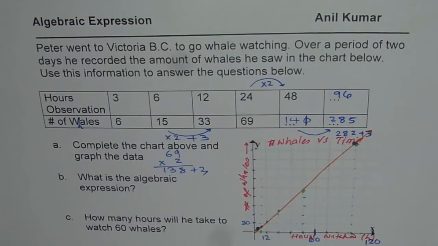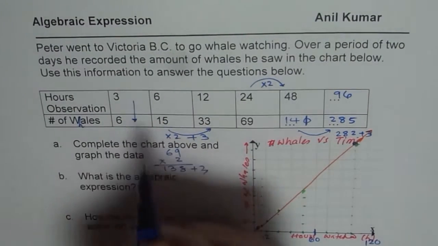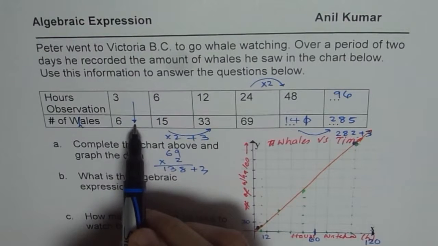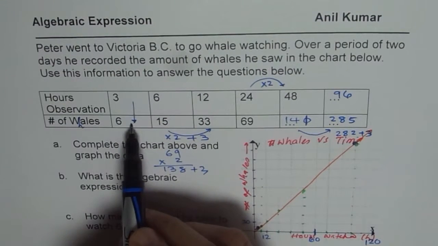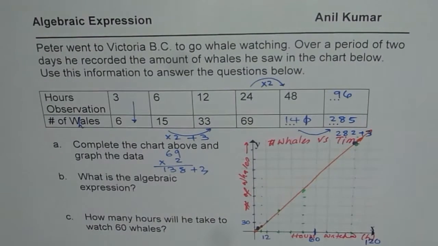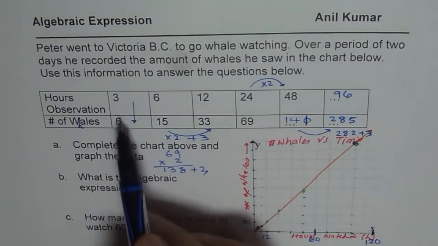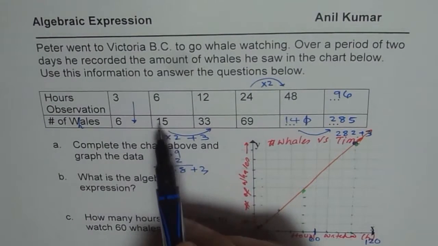That is part B. For that we need to relate how our independent variable varies, and how the independent variable and dependent variable are related. So let's see, 3 to 6, it becomes double, that's okay. 6 to 15, if I double 6, I get 12, not 15.